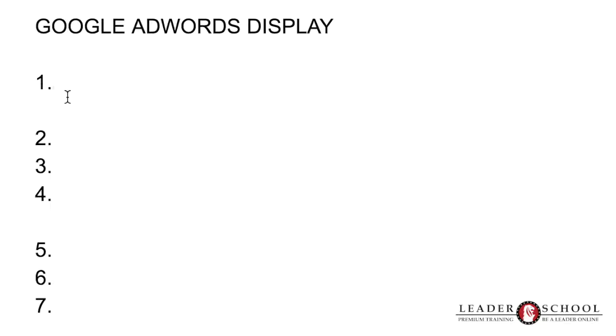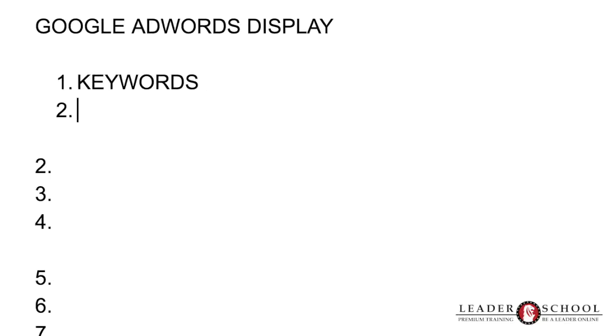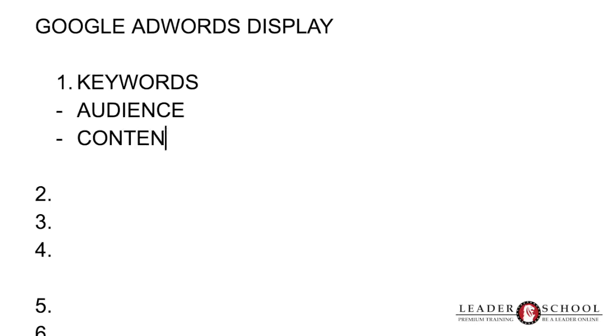First of all, the first option is to target your audience based on keywords. It's the most ancient, the oldest way of targeting the GDN network. There are 2 subsections of keywords: audience and content. So you can target audience based on keywords. That means that you target audience that search for these keywords.